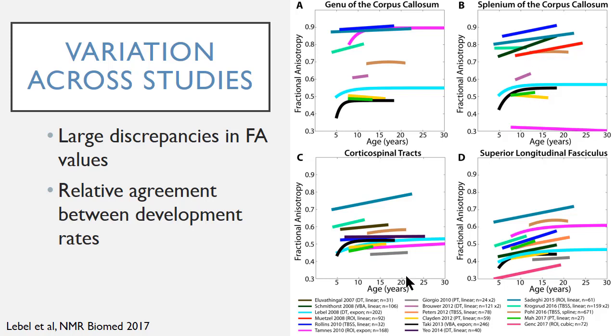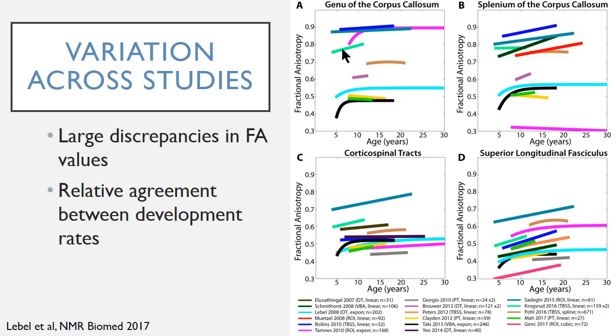Same kind of variation in the splenium, a little bit less so in the corticospinal tracts and the SLF, probably because these don't have quite as high FA values in their centers. So you still see variation, but not as much. The second thing is, if you try to focus in on the development rates, there's variation, but I think there's a little bit of consistency in that the SLF, for example, has more consistent increases of FA than, say, the genu of the corpus callosum or even the splenium.